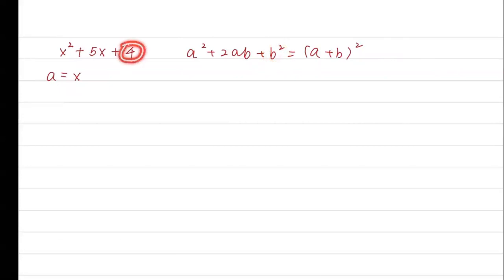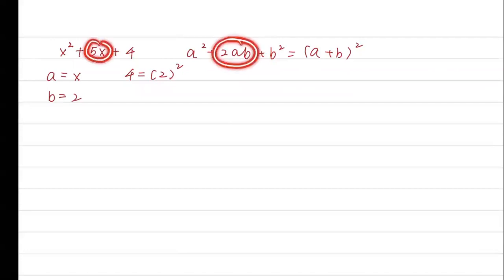We have a 4 here. Can 4 be written as something squared? Yes, 4 can be written as 2 squared. So we can assume that b is equal to 2. So far, everything looks good, right? But if we try to determine whether 2ab is equal to 5x, this is where the problem happens.